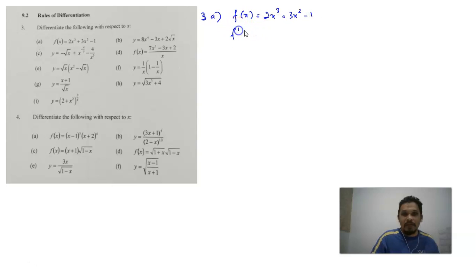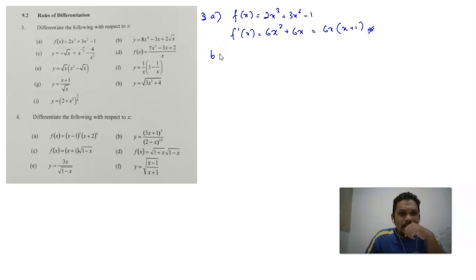Okay, so then f prime or dy dx, 3 times 2 equal to 6x squared. 3 times 2 equal to 6 and 3 minus 1 equal to 2. 2 times 3 equal to 6x. So we factorize this, simplified as 6x, then x plus 1.